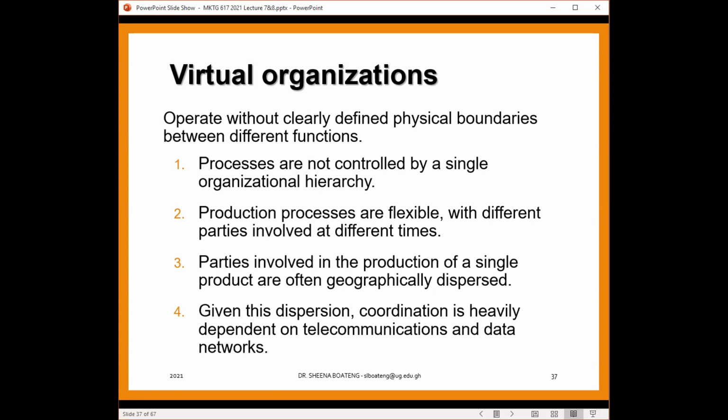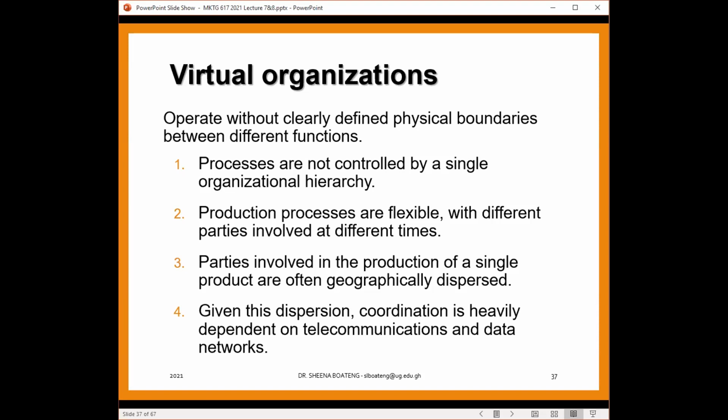However, we need to bear in mind that for these disaggregated sections of the organization, and the dismembered and scattered hierarchy all over the place in different time zones and different locations and different countries, can only be achieved through coordination, which is heavily dependent on a reliable telecommunications and data network.